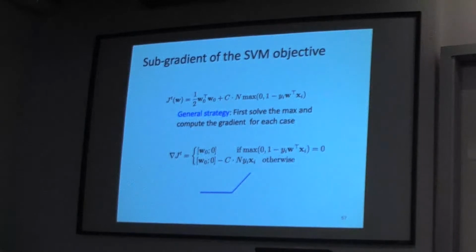The subgradient for the whole objective will then only be the gradient for the regularization term, which is w, and we need to append 0, because the regularization term does not contain the bias parameter. And the subgradient for the second term is simply 0, because it corresponds to the subtangent line that is this horizontal line.